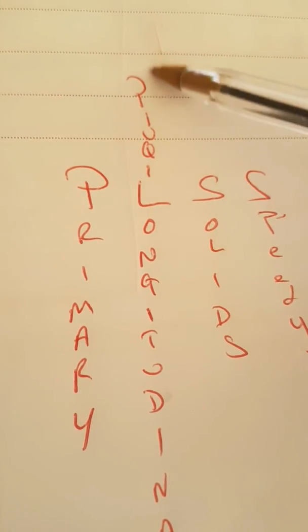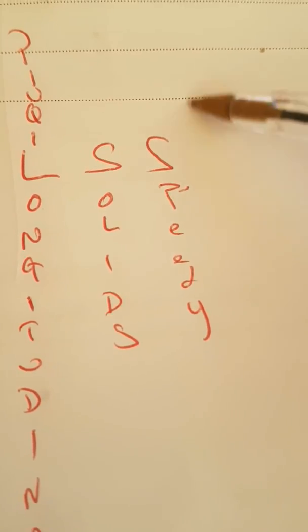Longitudinal means they travel in the direction of motion. P waves can travel through liquids and solids, and they are really, really fast, so I've called that speedy. P waves are faster than S waves. S waves are secondary waves.